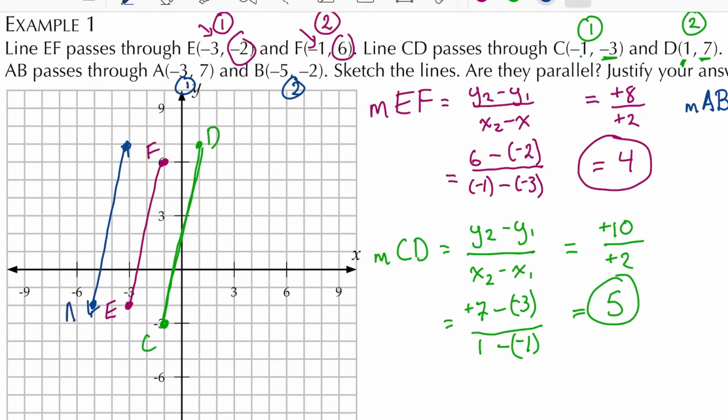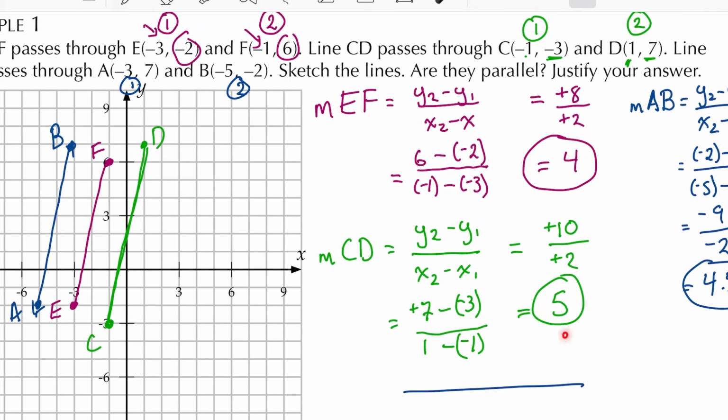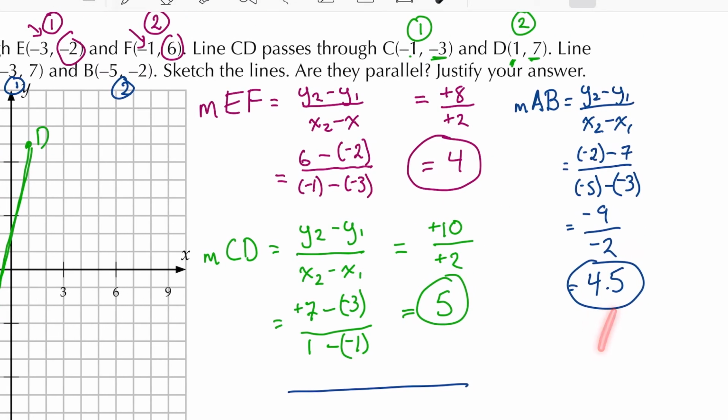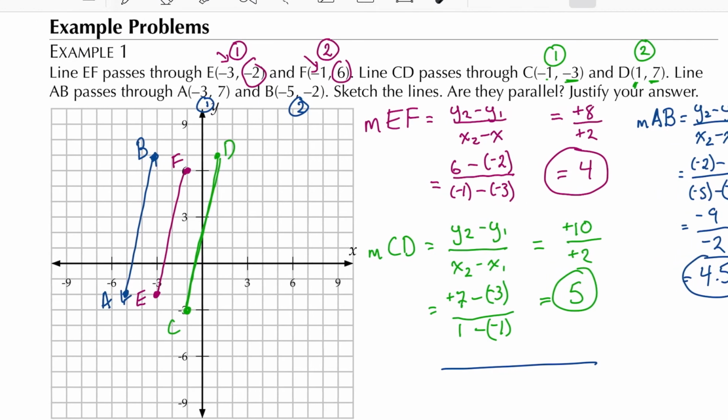This is letter A, B. Now this is why it's important to actually do the calculations, because these three lines all look pretty parallel. But according to our calculations, none of them are parallel. So it's important to be able to calculate the exact slope to determine if lines are parallel.